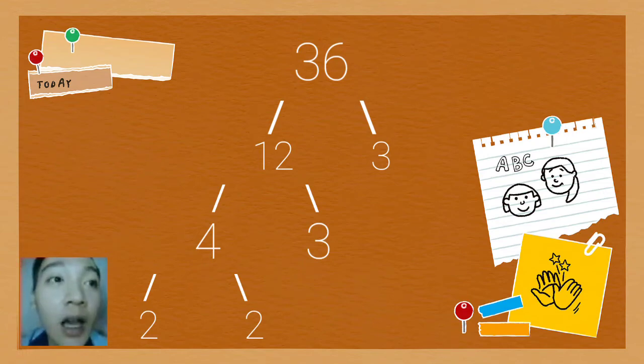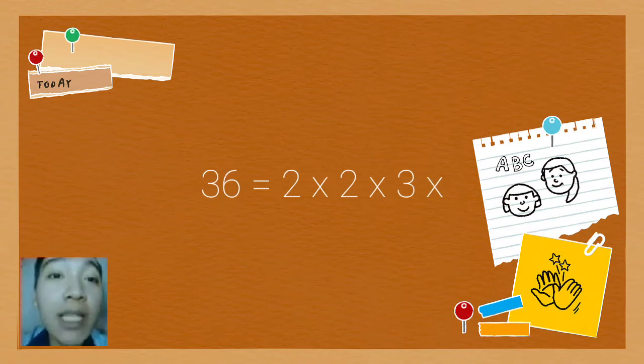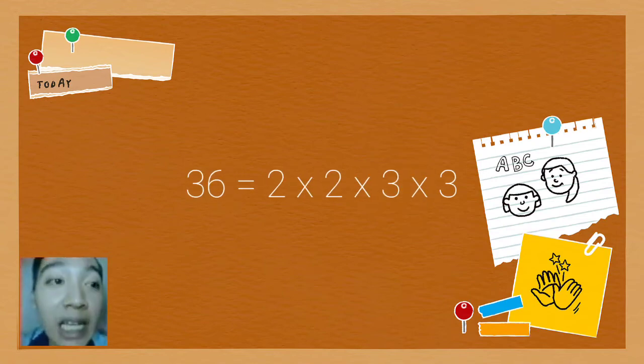So we already have 3, 2, 2, and 3. So we're going to write it as 36 is equal to 2 times 2 times 3 times 3.